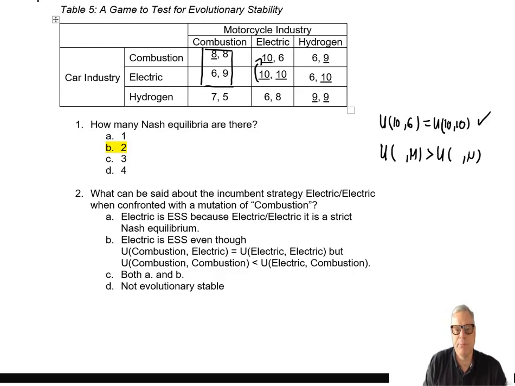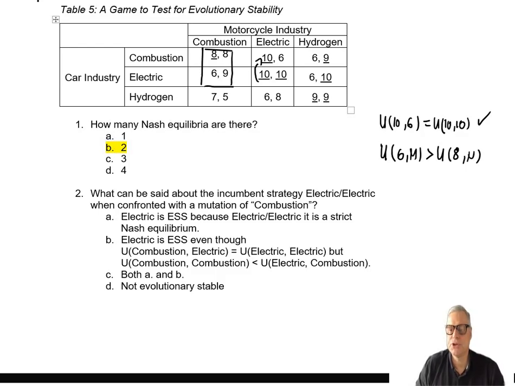If somebody plays electric, the incumbent strategy in this equilibrium, against a mutator combustion, that individual gets 6. And the incumbent would be better off if it played the new strategy with another who is adopting the mutation of combustion, because that would be 8.